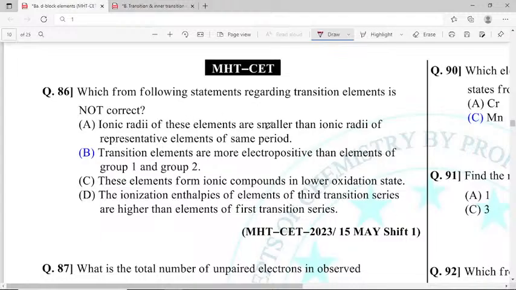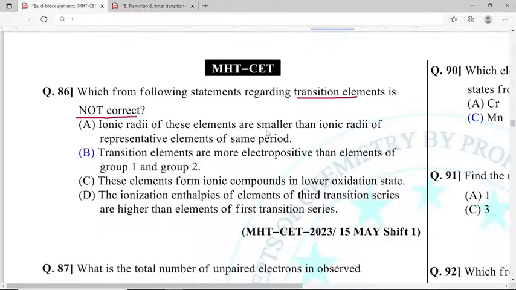Which of the following statements regarding transition elements is not correct? Ionic radii of these elements are smaller than the ionic radii of representative elements. Correct. Transition elements are more electropositive than elements of group 2. No, it is less electropositive.